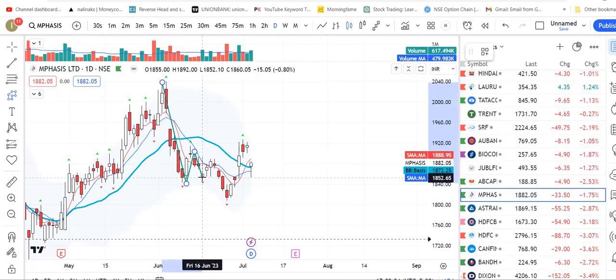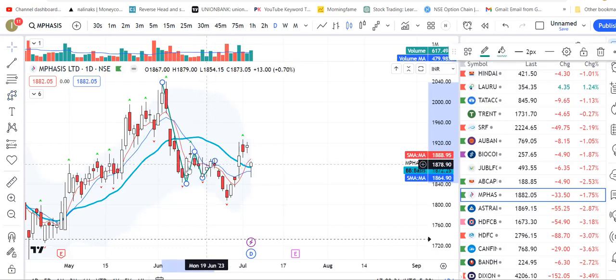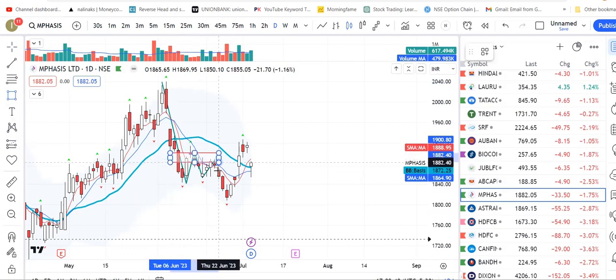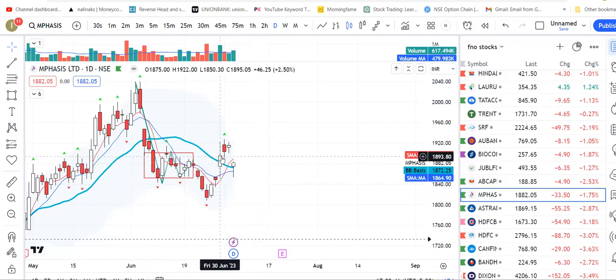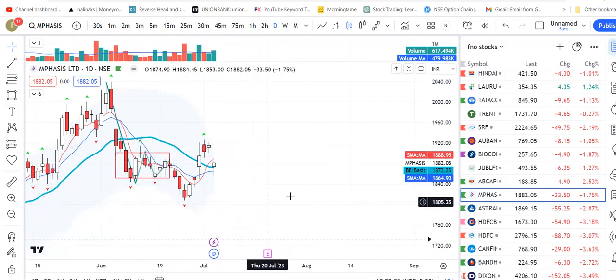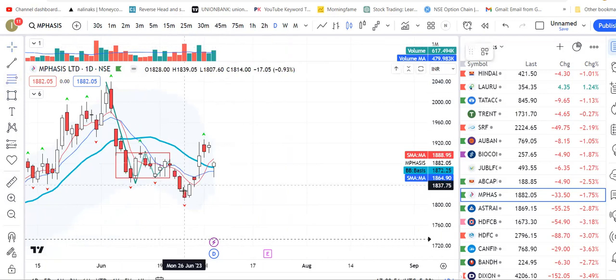It corrected range formation. I'll apply this. Range formation, range breakdown, and this candle has negated this range, gone above the range, and it is retracing back. Here it has retraced back.